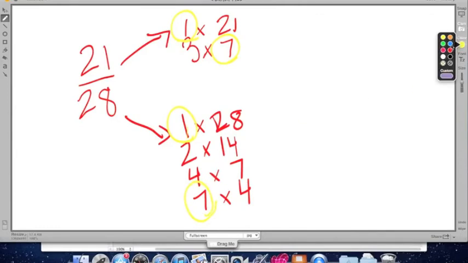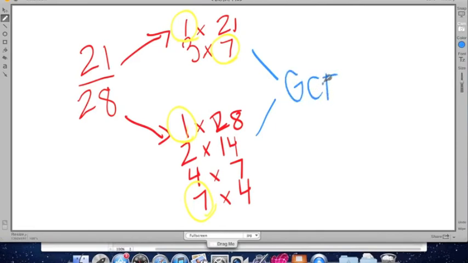So I think it's pretty easy to say that 1 and 7 are both common factors of 21 and 28. But we want to take the greatest common factor. So the greatest common factor turns out to be 7. So our GCF is 7.